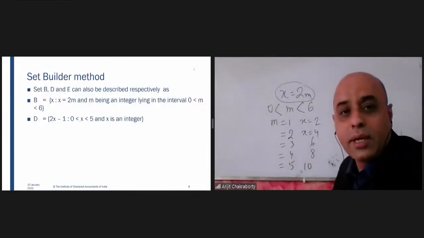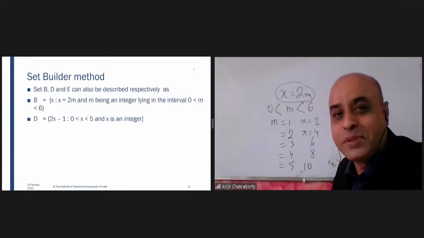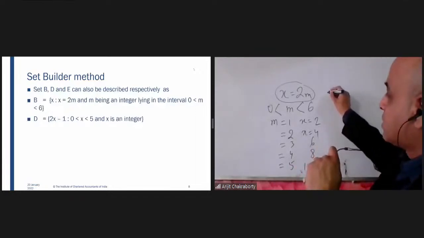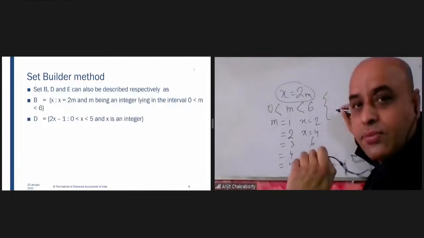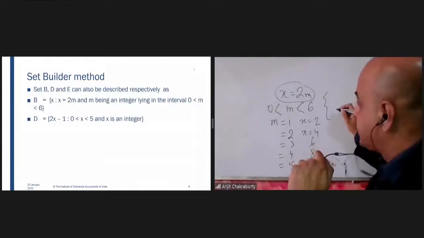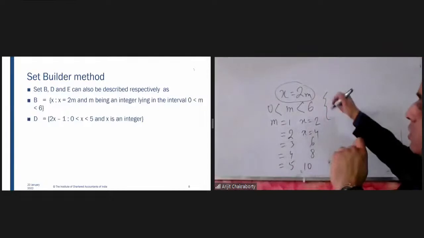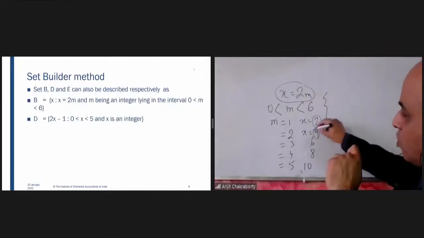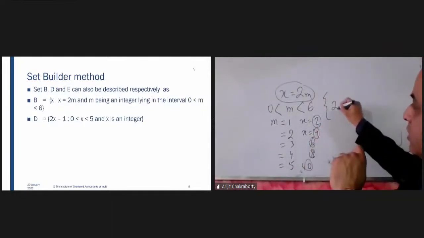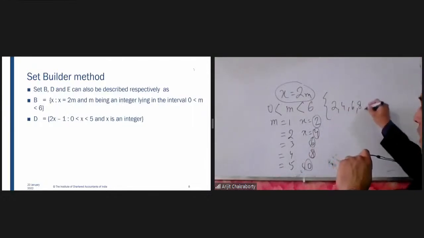So if I ask you, can you write the set? Yes, you can. I'm writing the set here for you. This is the braces form. It is called the roster form or the braces form. I will just take these numbers 2, 4, 6, 8, 10. So I write 2, 4, 6, 8, and 10.